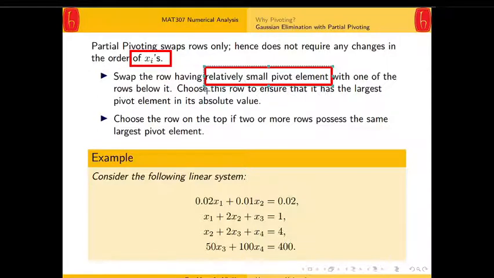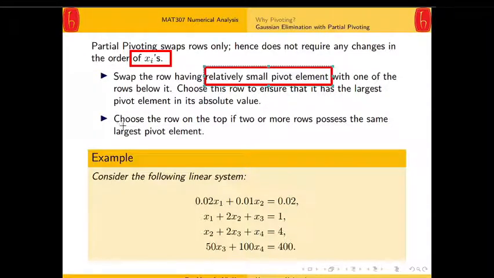Next, this will illustrate what we really do. We choose the pivoting row to make sure the largest pivot element in its absolute value appears in the pivoting row. We will see this better in an example.